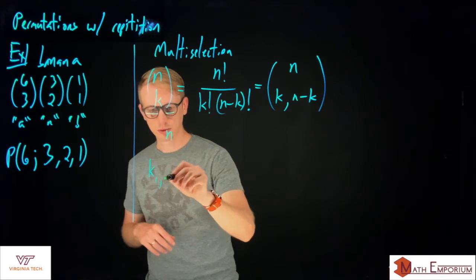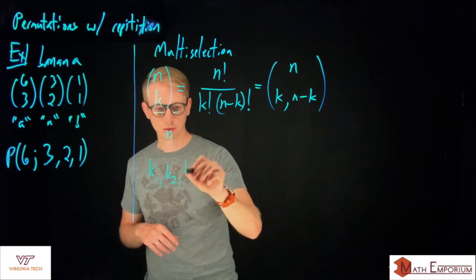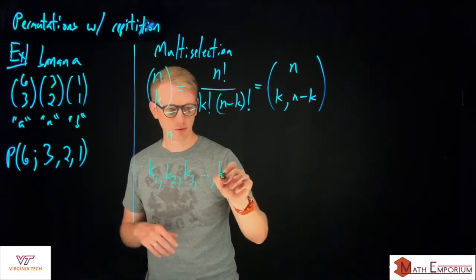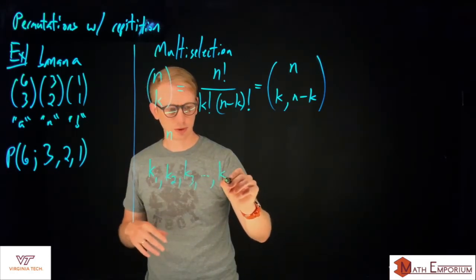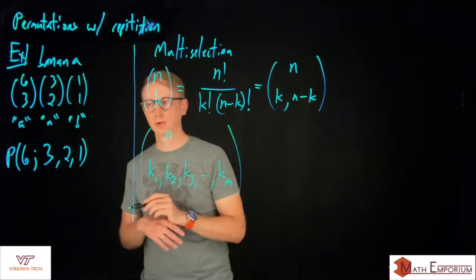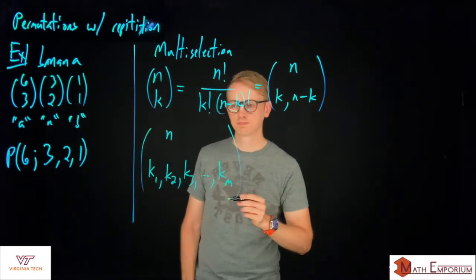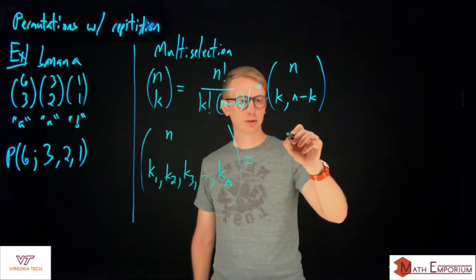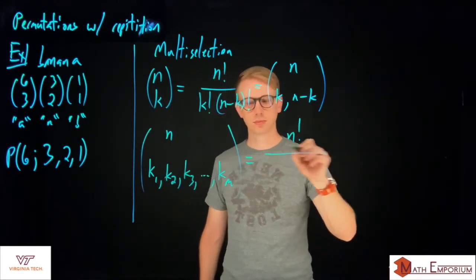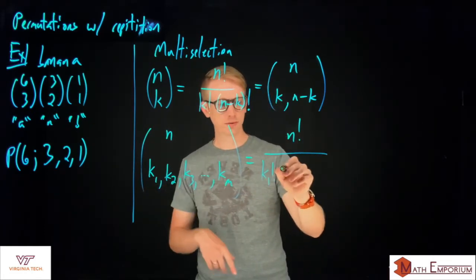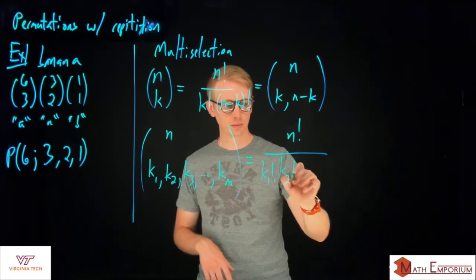So k1, k2, k3, all the way up to however many groups you have. Let me give a letter m. You have m groups. Maybe you have 17 groups. In this case, we'll have 3 groups. What does this mean? Well, this means you have n factorial over k1 factorial, k2 factorial, and so on.